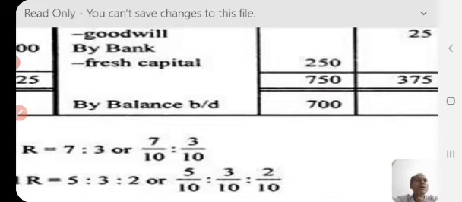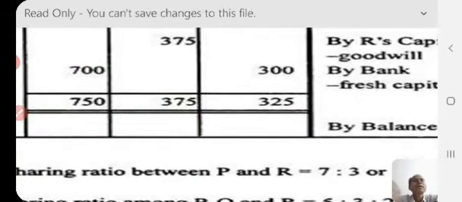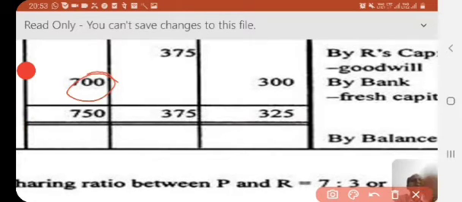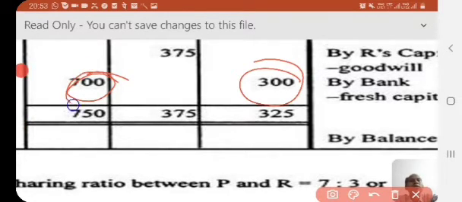What is the reason to bring that cash? The capital must be 1,000 thousands, but there is no balance of that much.